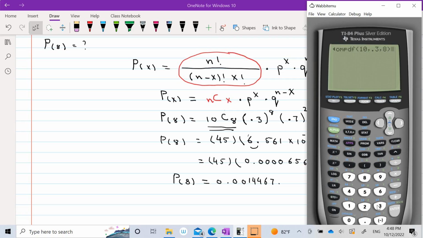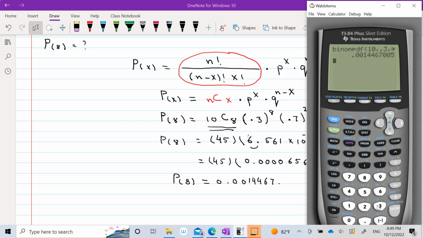Now, paste, enter. You see, in the older version, this thing will be open immediately for you. If you have those kind of calculators, you put first your n, then lowercase p, then x, correct? And again, enter.